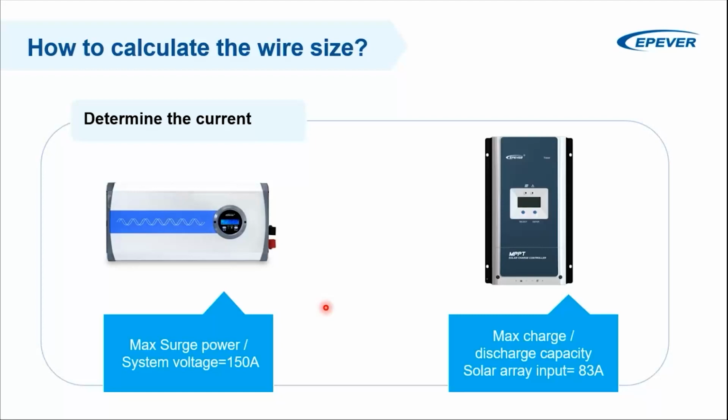Then you apply a 20% safety factor, multiplying by 1.2, and you will get about 150 amps. So I repeat it. Take the maximum surge power of your inverter, divide it by the system voltage, and you will get a number. Multiply it by 1.2, this is the safety factor, or 1.3, and then you will get the amperes capacity that you need to provide by the cables.